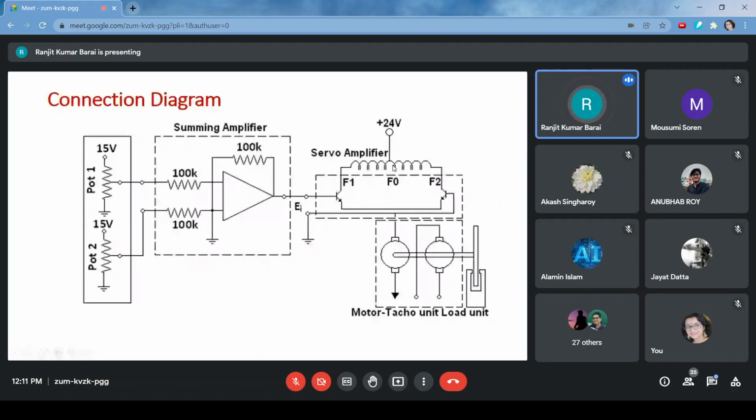So it's actually a very old diagram. Earlier, about 20 years back, the setup was separately excited, but that has been replaced by the new one. The new one has separate permanent magnet excitation.